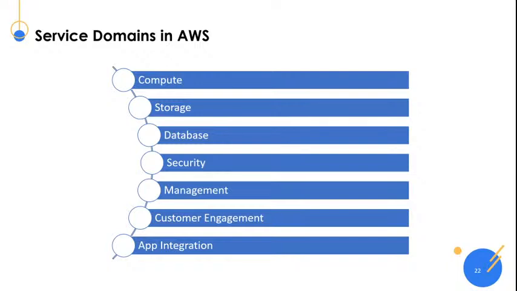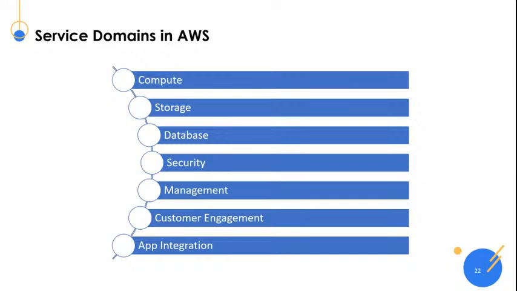I'll explain these domains one by one. The first one is the compute domain. The compute domain basically deals with servers. If you need a server, or if there is a workload which needs processing, the compute domain will have services that you can launch to implement that workload.